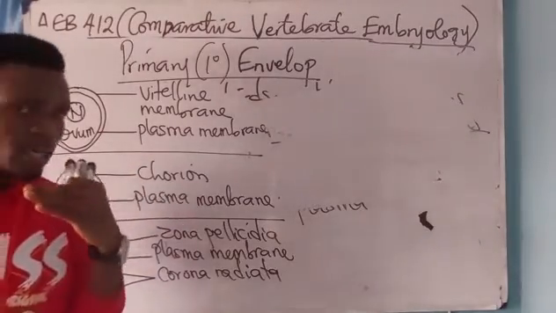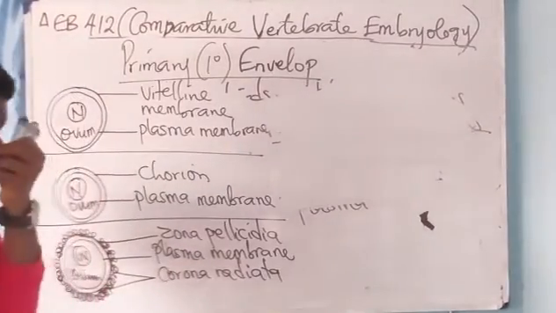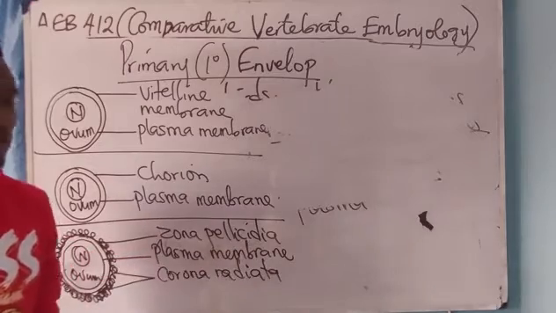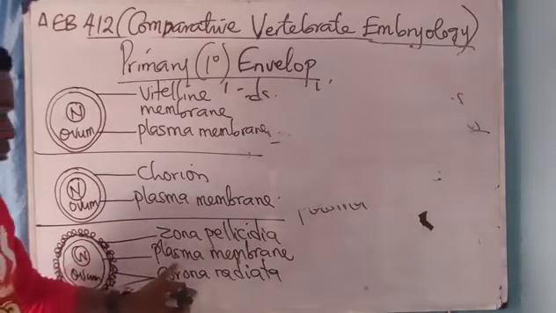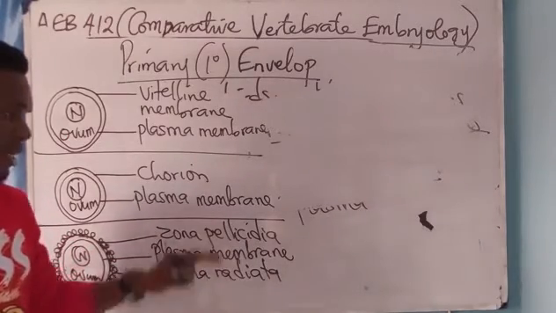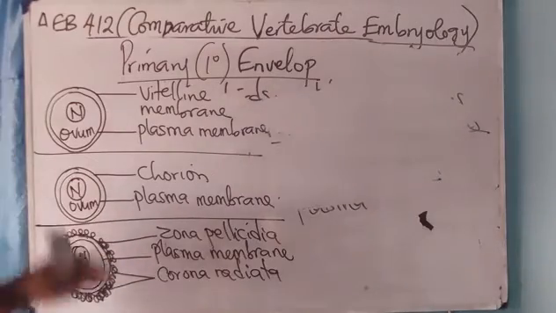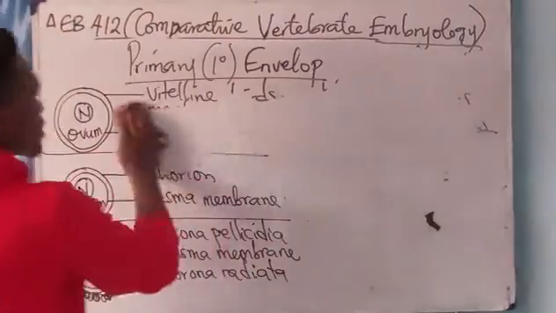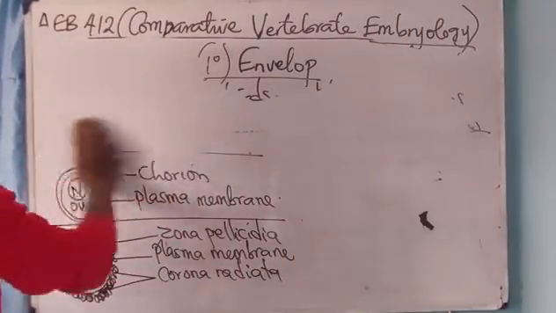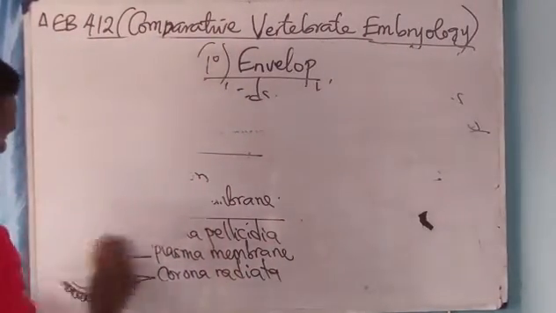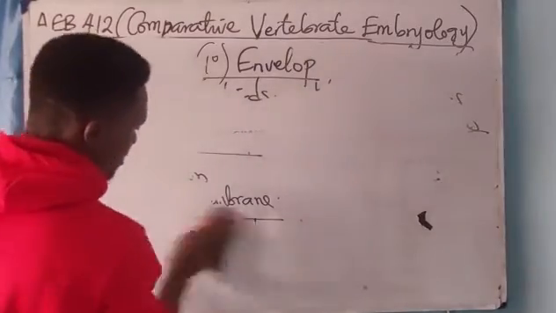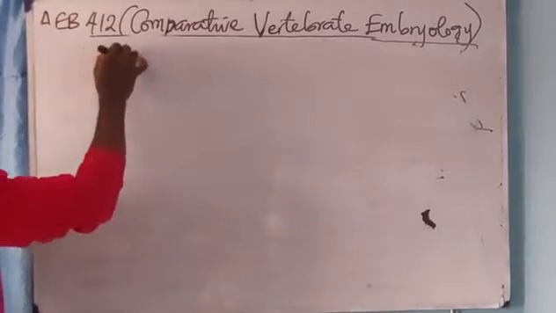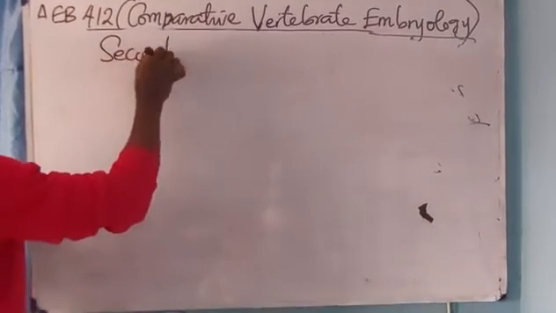The egg envelope in mammals is called zona pellucida. Zona pellucida, plasma membrane, and corona radiata are all found in the egg of mammals. Take note of that. Now let us treat the secondary envelope. The secondary envelope is an envelope that is produced by the oviducts.